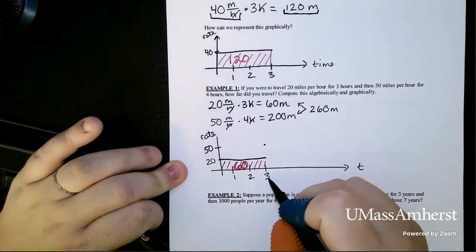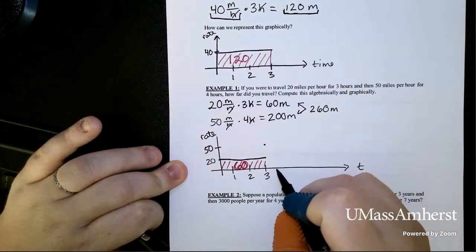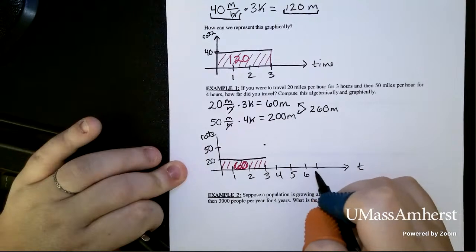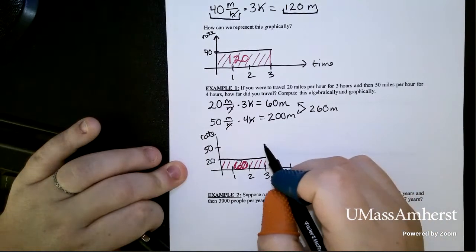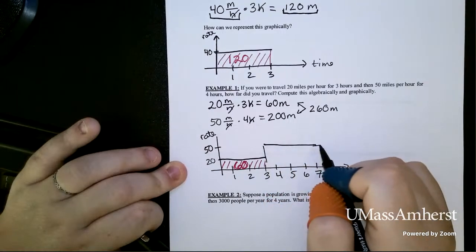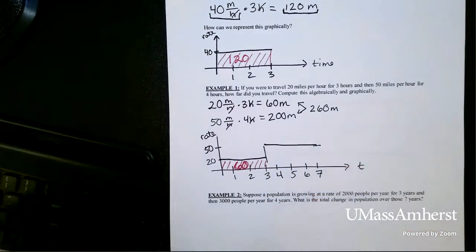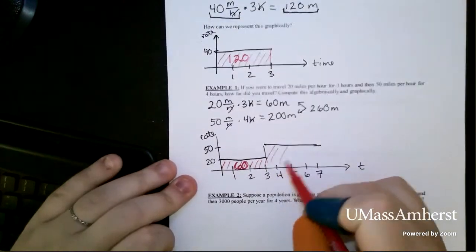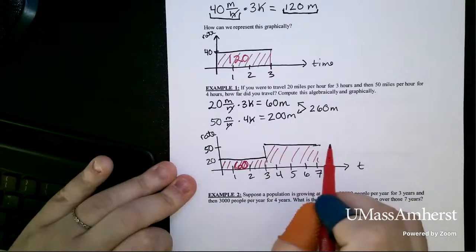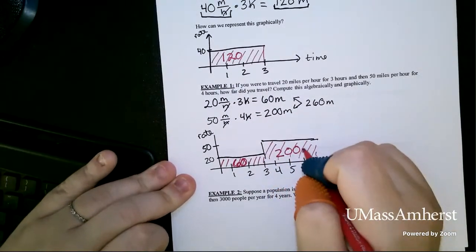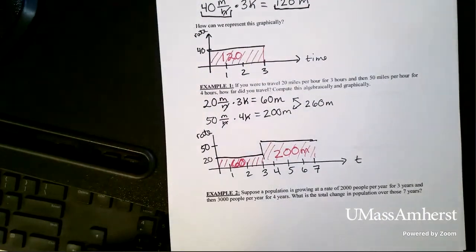So if we start at hour 3 and we go for 4 hours, that goes out to hour 7. So here, and again, if we were to find the area under this curve, we have 50 miles an hour for 4 hours. That gives this leg of the trip 200 miles.